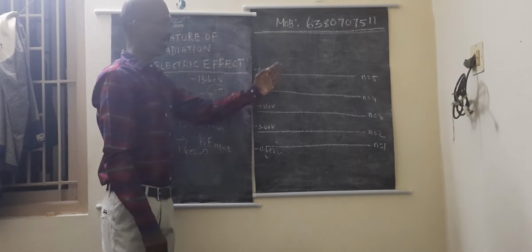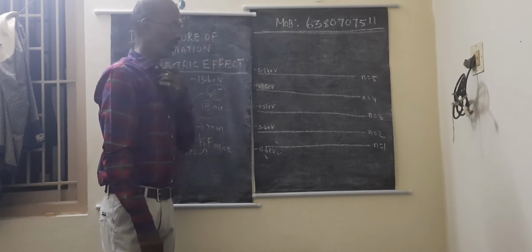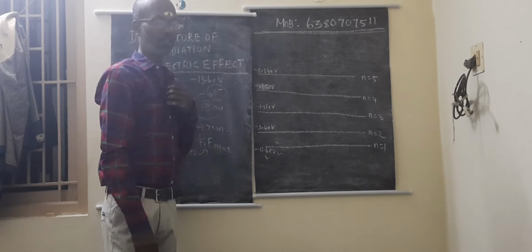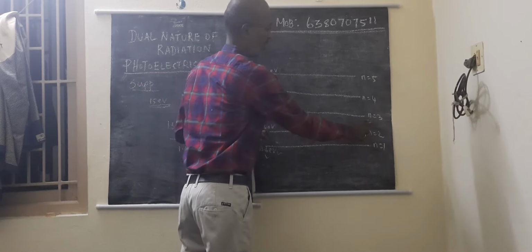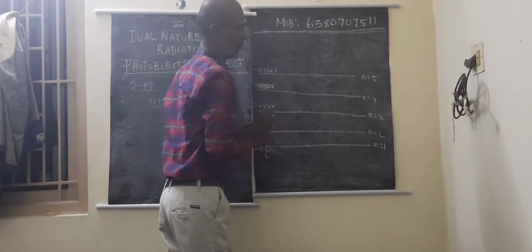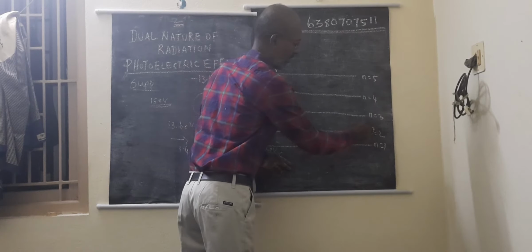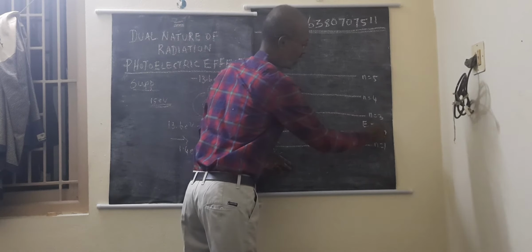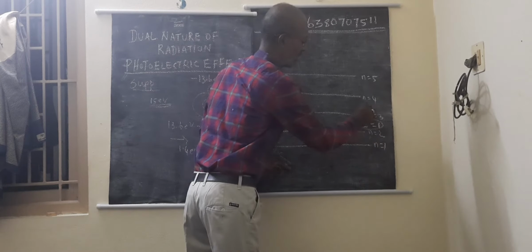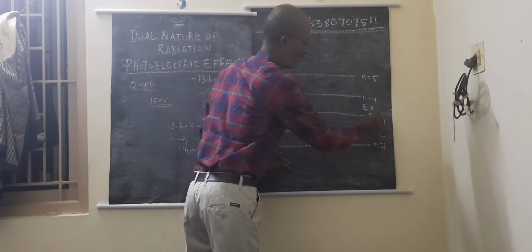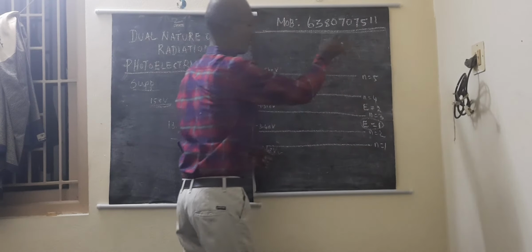So this energy level diagram will be useful in the case of single atoms and the nuclei. See here, this is the first energy level, second energy level, third, fourth, fifth. But n is equal to 2 is the first excited energy level. n is equal to 3 will be the second excited energy level, and it goes on.